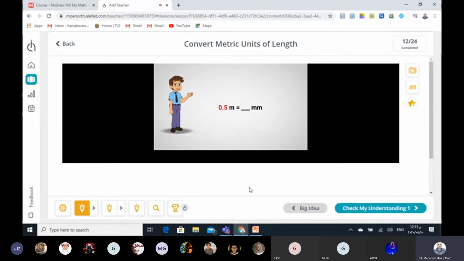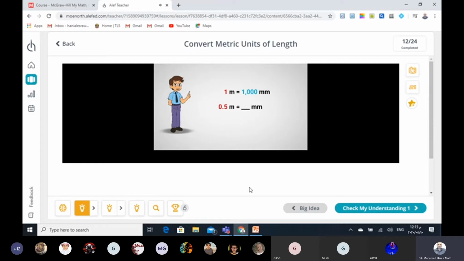Are you ready for another problem? Let's convert meters to millimeters. Are we going from a larger to smaller unit or a smaller to larger unit? Larger to smaller. So we multiply. How many millimeters are in 1 meter?